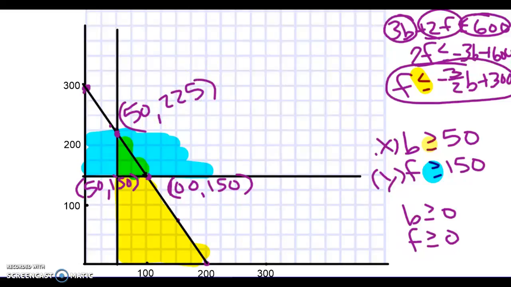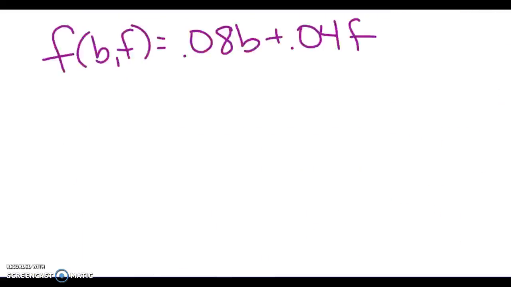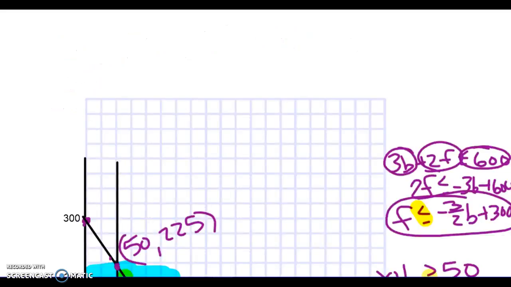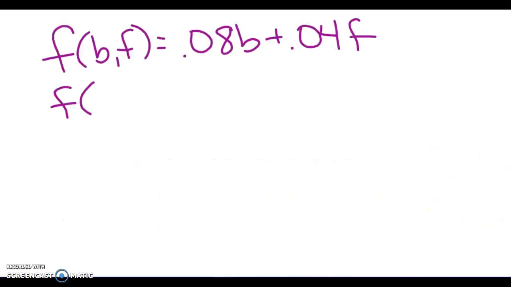Now I'm going to add another page here real quick, and plug that into my objective function. Go back to your objective function. I wrote my objective function out again, and I'm going to plug in each of my vertices. The first one I'm going to plug in is f of 50 and 225.